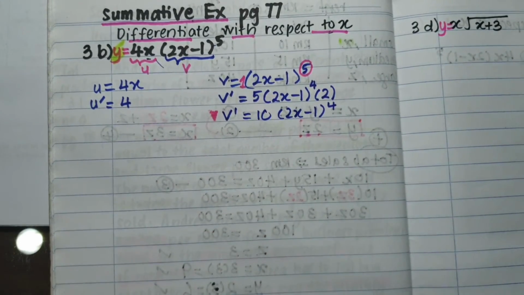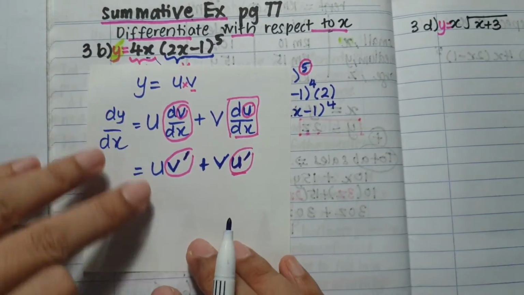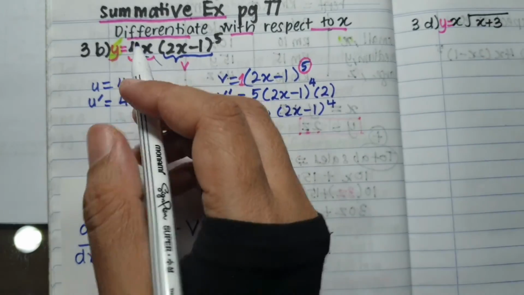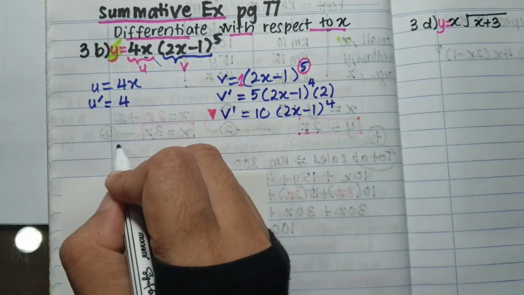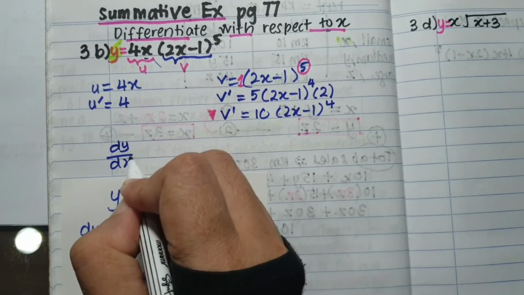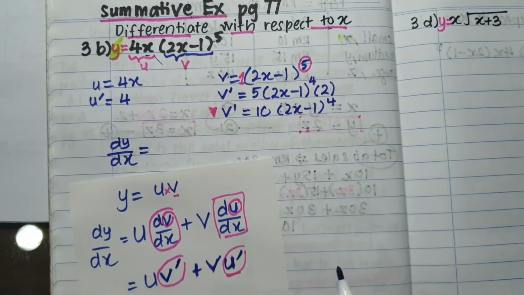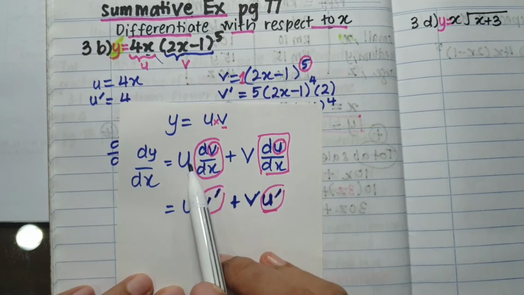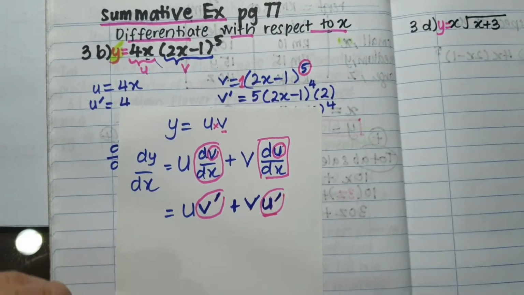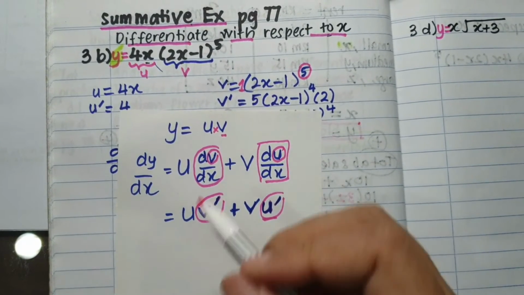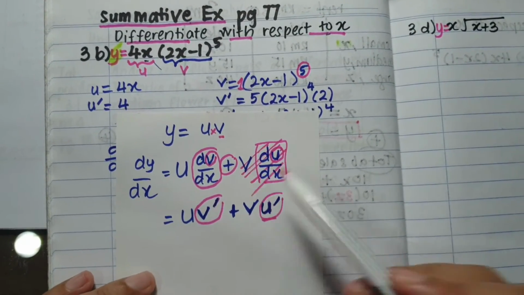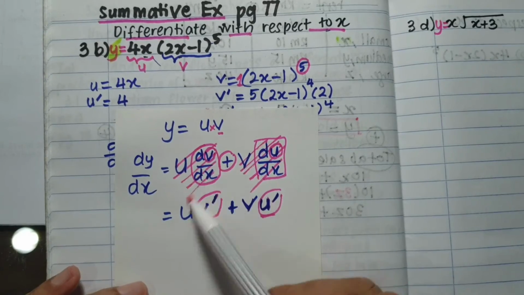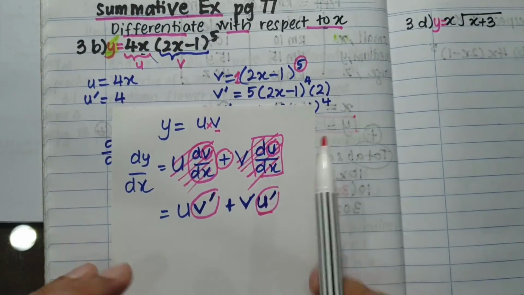Let's use the product rule formula. Since I make y the subject, I can use the notation dy by dx. The formula says copy u differentiate v, but since you have a plus operation here, it has no effect. Whether you start from here or from here, there is no problem, it is the same.